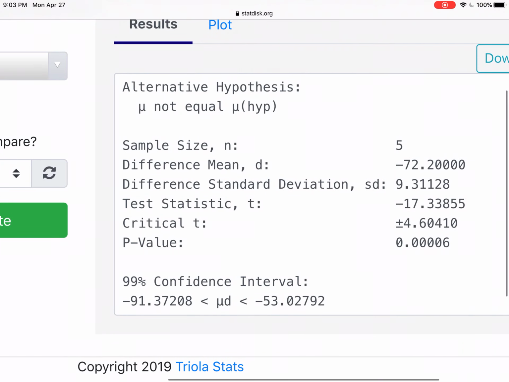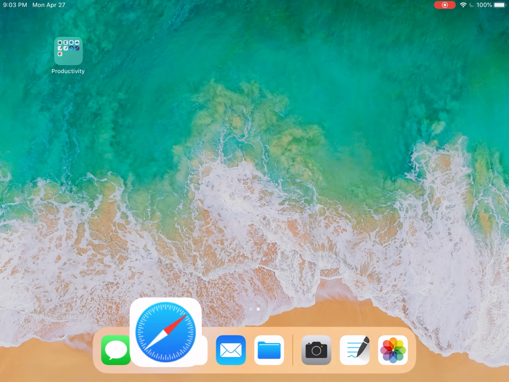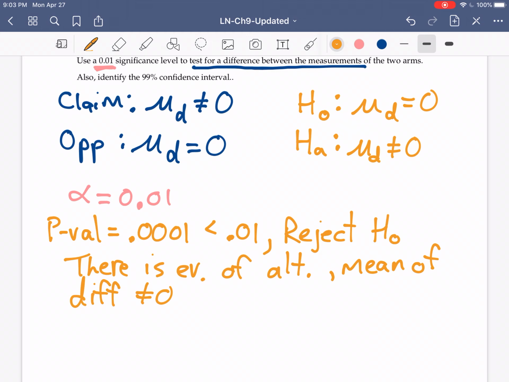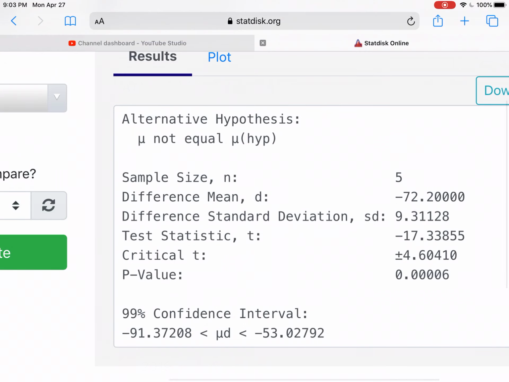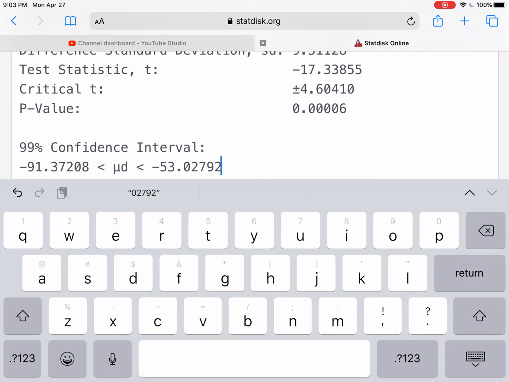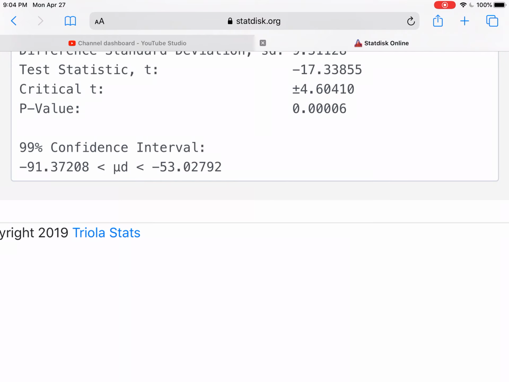Negative 91.372 is less than the mean difference, is less than negative 53.028. I'm looking down here at the bottom, those values right there.